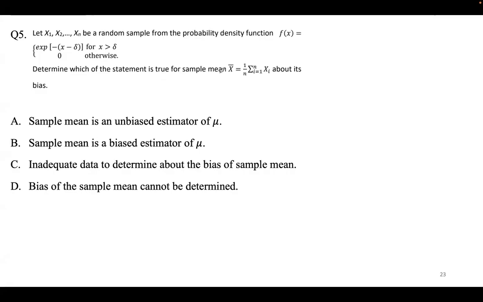So this is how x bar is. So is x bar, which is the sample mean, an unbiased estimator of the population mean? So is it unbiased? Is it biased? Or is there not enough information? Or in general, you cannot estimate the bias of a sample mean? Which of the four do you think is correct? And can you tell me why?